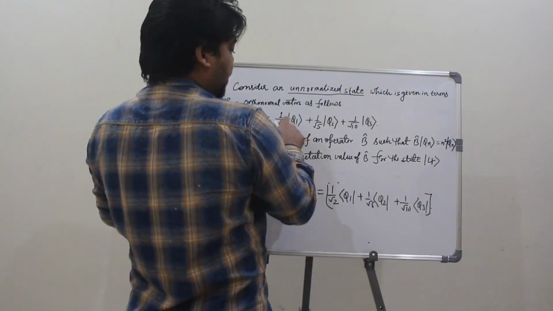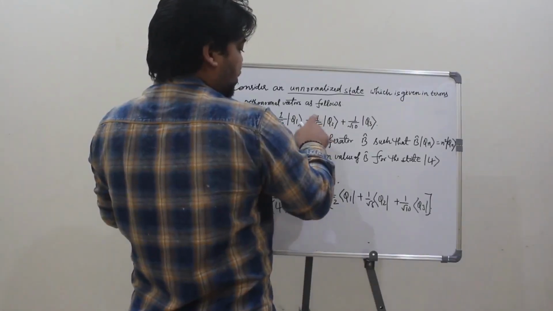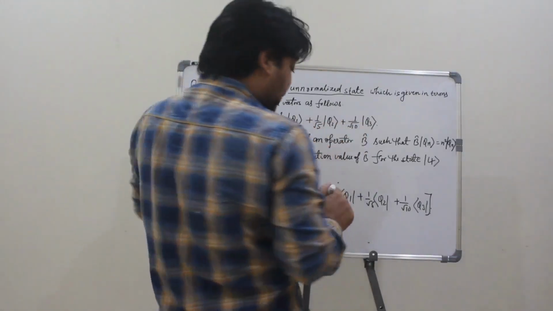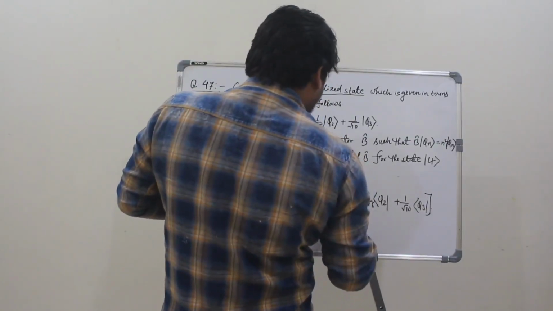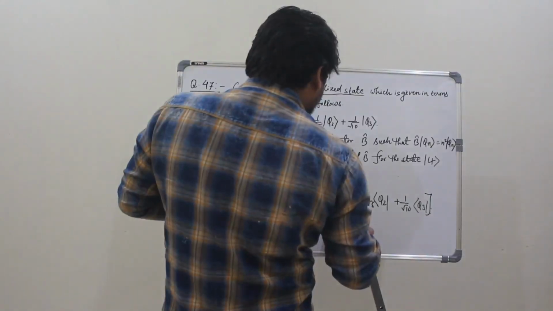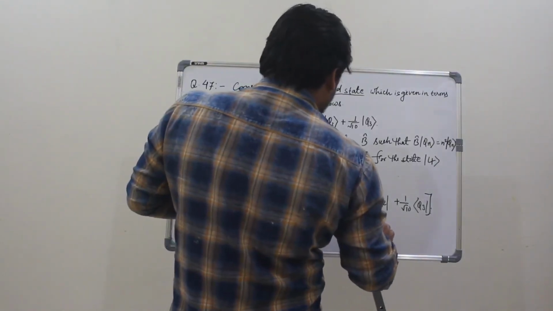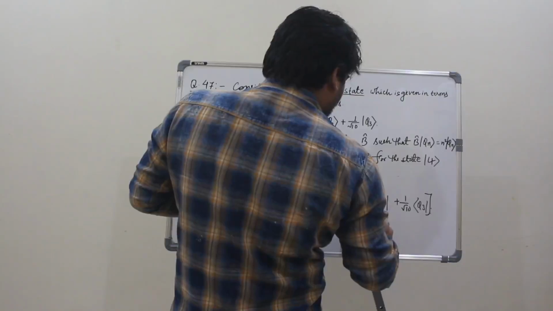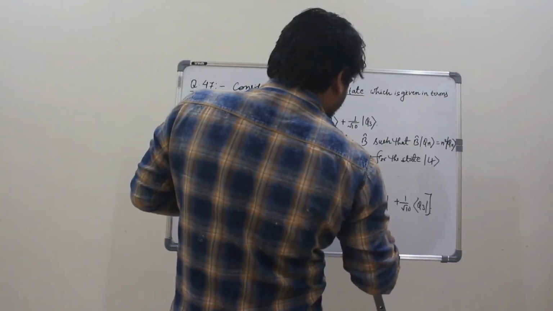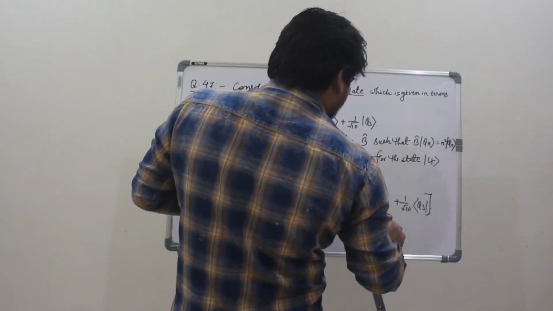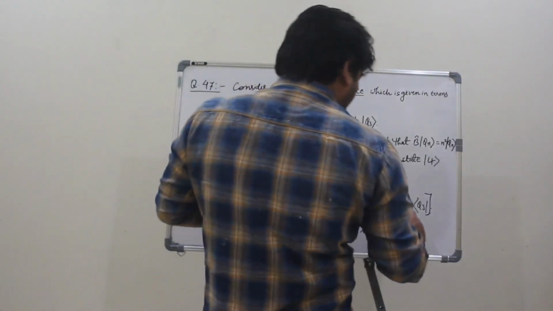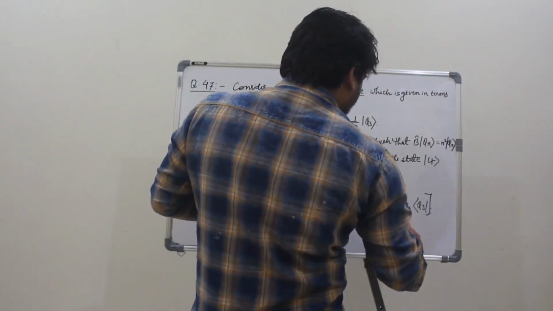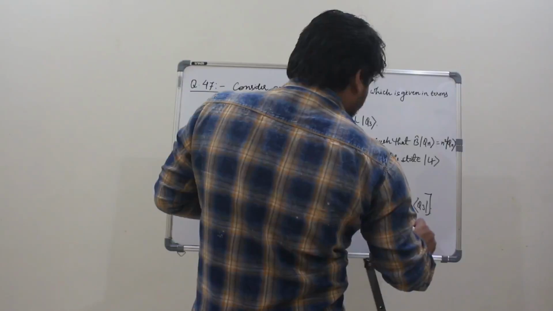So operating on phi 1 gives you 1 squared, phi 2 gives you 2 squared, and phi 3 gives you 3 squared. So it gives you 1 by root 2 phi 1, plus 2 squared divided by root 5 phi 2, and then 3 squared divided by root 10 phi 3.